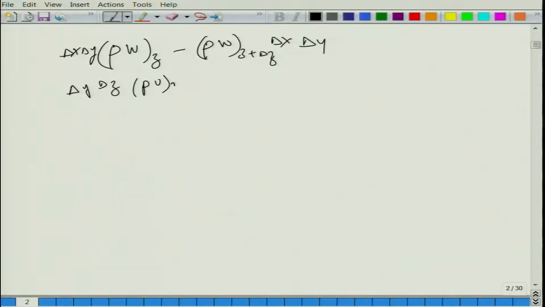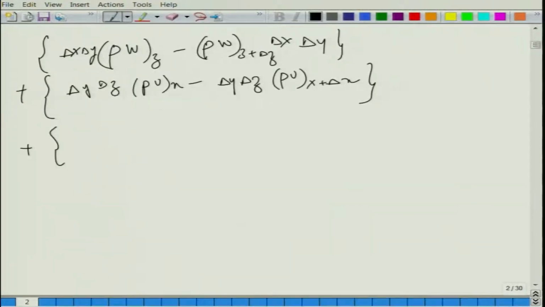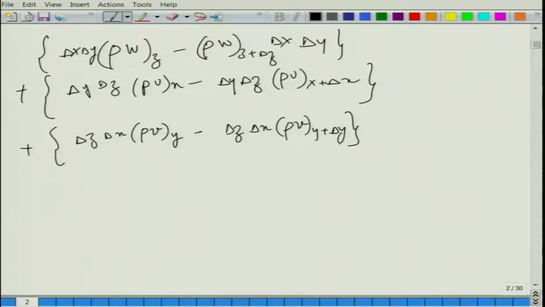So, delta y, delta z, rho u at x plus delta x. So, plus this thing, and the one that leaves on the y side is your delta z, delta x, rho v, where the suffix means at y, and y plus delta y. Okay.